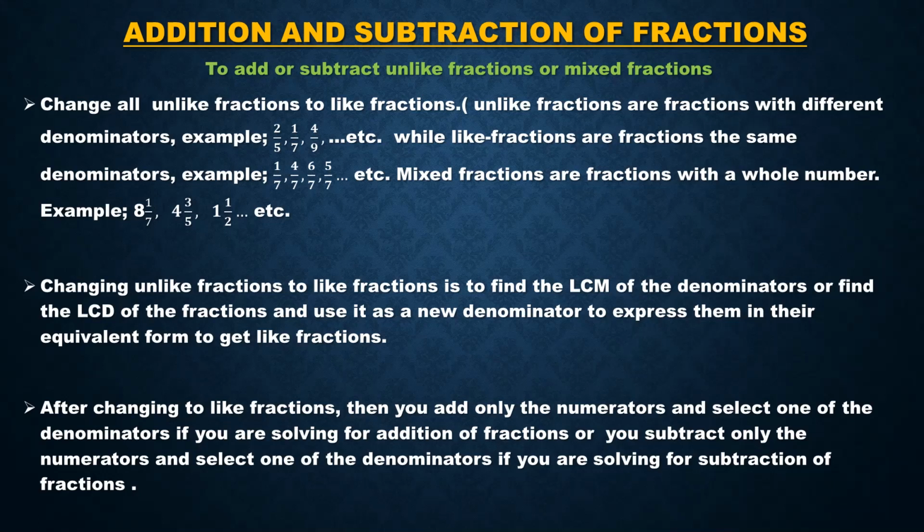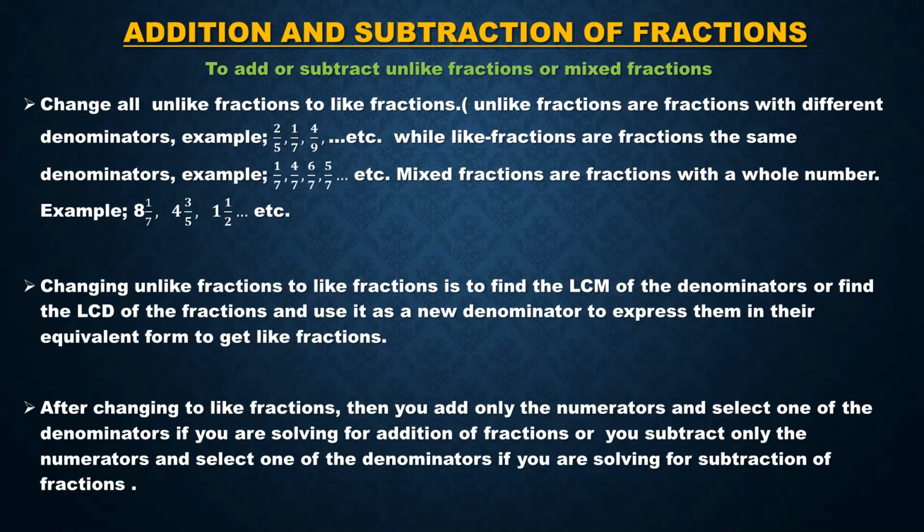Before you can add or subtract any two unlike fractions, the only thing you have to do is change unlike fractions to like fractions. The main motive is that we are going to choose a common denominator, because unlike fractions have no common denominator. So you choose a common denominator for unlike fractions so that they become like fractions.